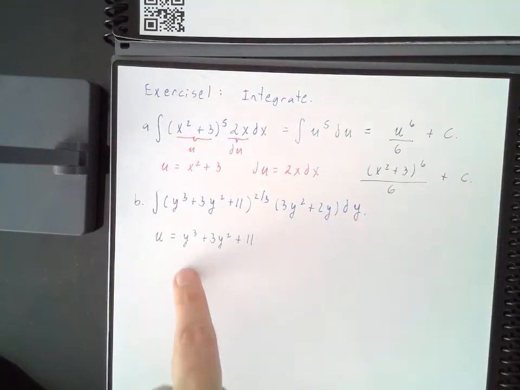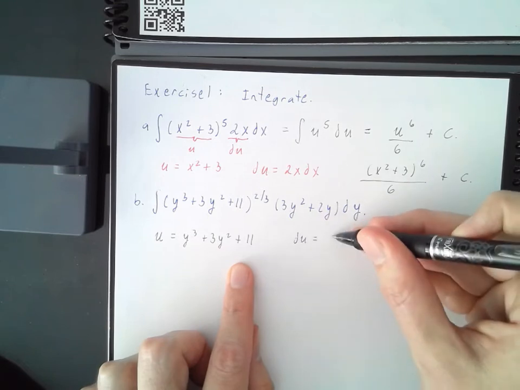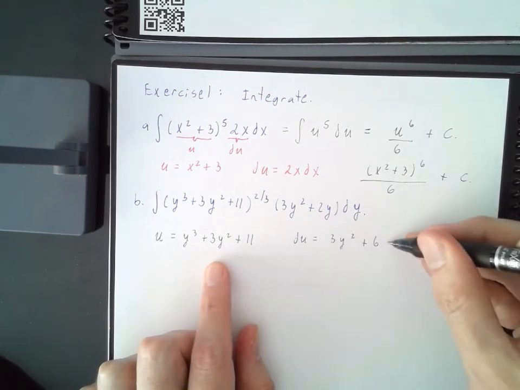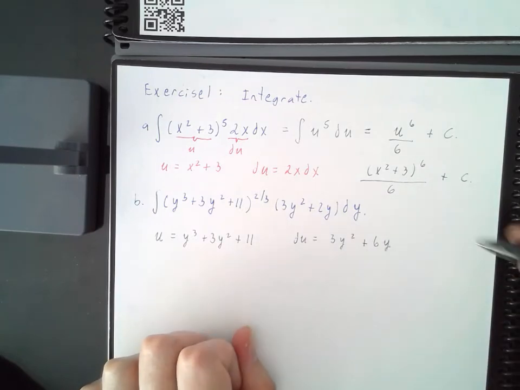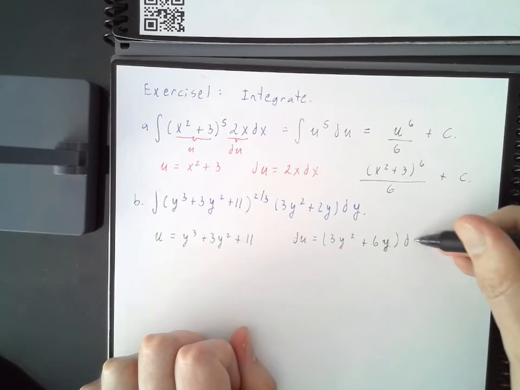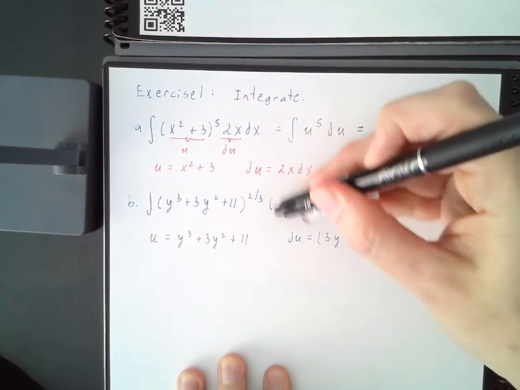And then I'm going to take the derivative of all of these functions. So this is equal to 3y squared plus 6 times y plus 0. And then I'm going to multiply this by dx. Then you just erase these 3.